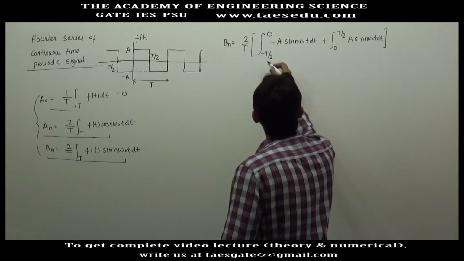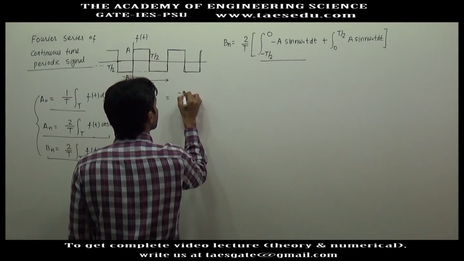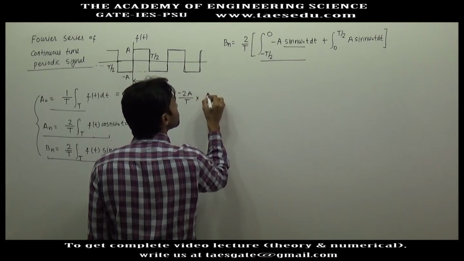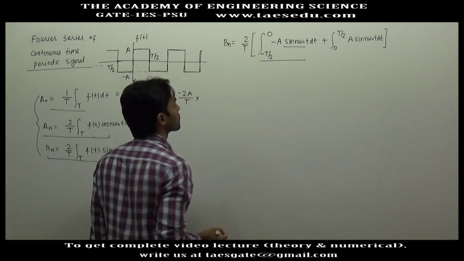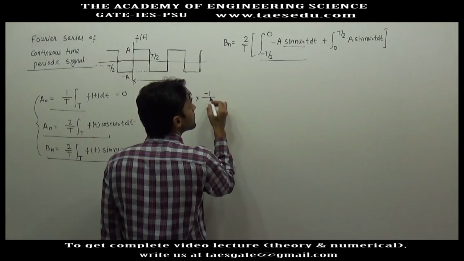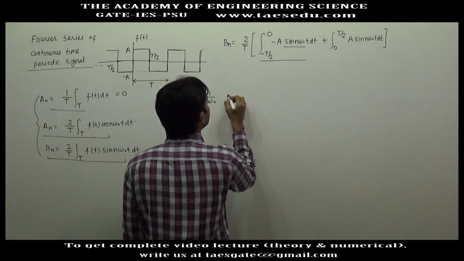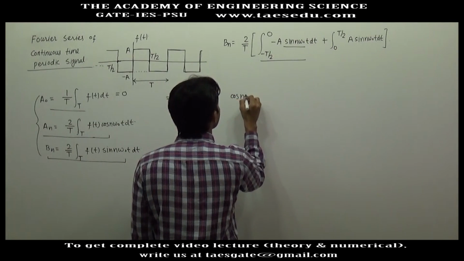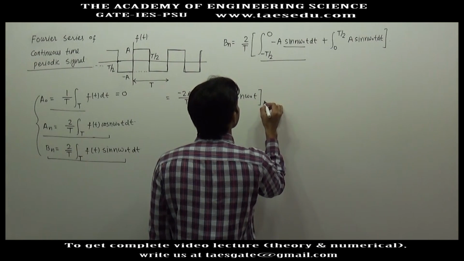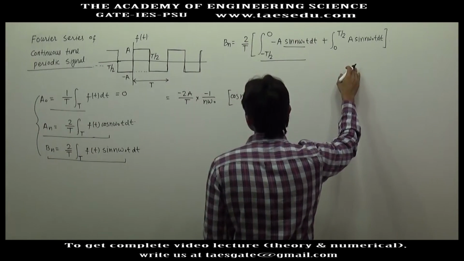Let us solve for the first term. This will be minus 2A by T, and the integration of this term will be, integration of sine is minus cos, so minus 1 by n omega naught, and here we have cos n omega naught t, with limit minus T by 2 to 0. And let us take the second term also.